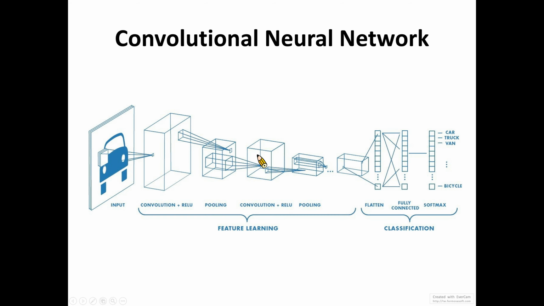This is one of the typical examples of a convolutional neural network. For each image, we use convolution and pooling to reduce the dimensionality of the image into a reasonable number of inputs.